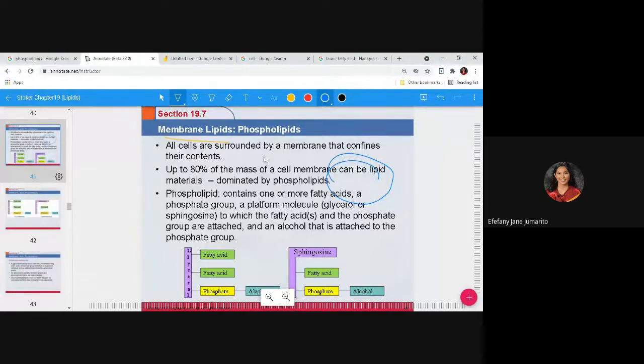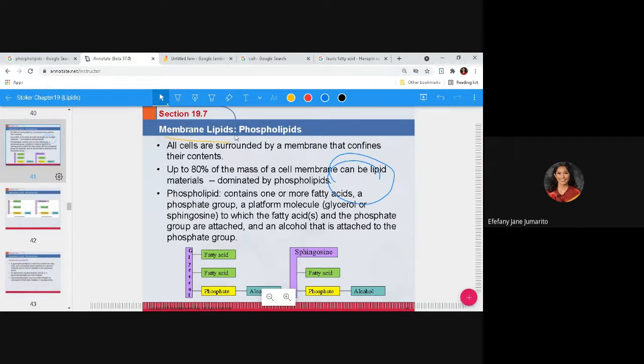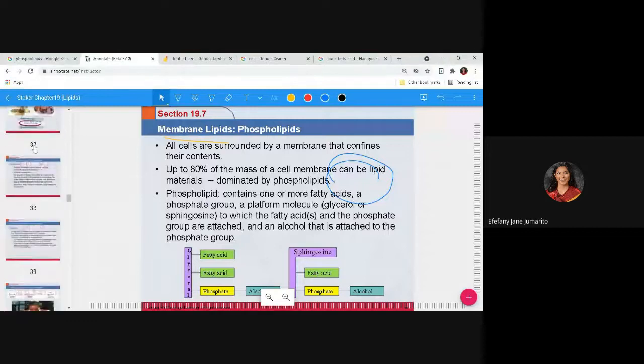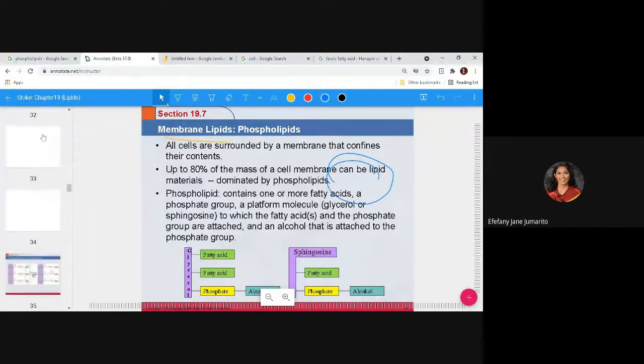Now our cell membrane is made up of what we call phospholipids. Your phospholipids are just like a micelle, like the soap example.